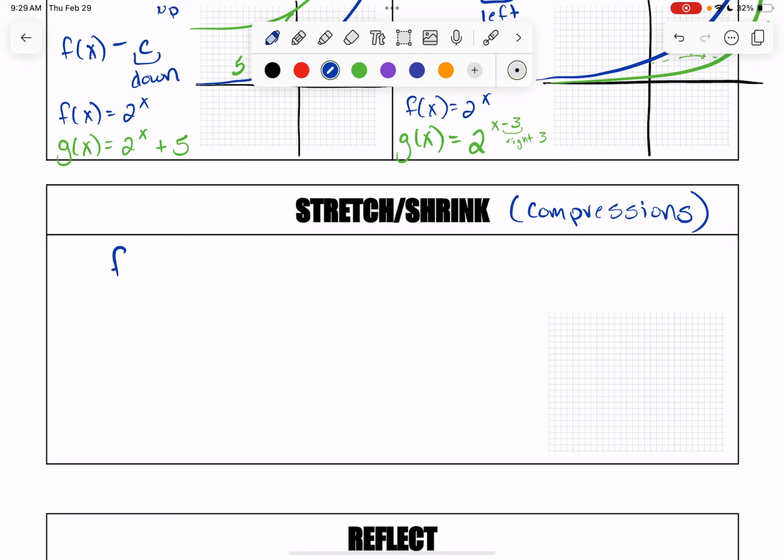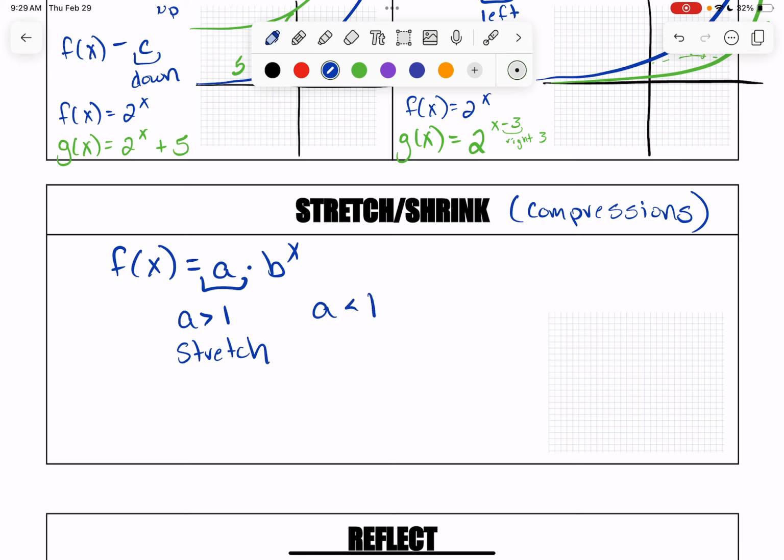So if I take a function and multiply out in front by a, if a is greater than 1, it's going to be a stretch. If a is less than 1 but bigger than 0, it's going to be a shrink or a compression.